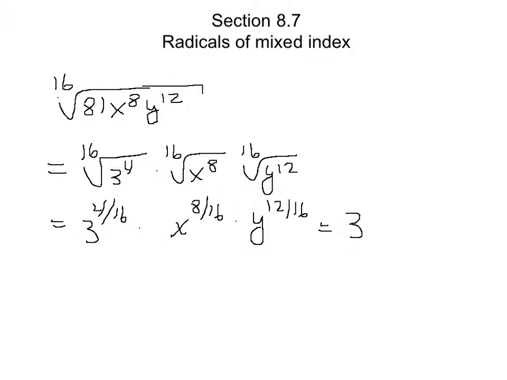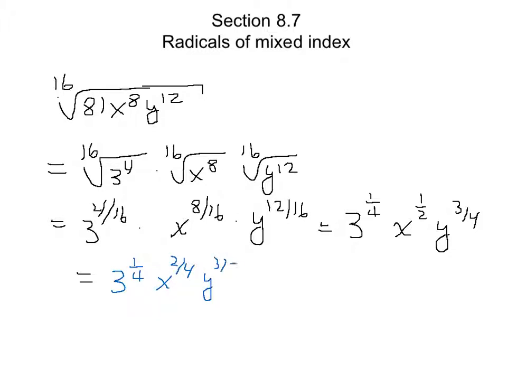This is 3 to the 1/4, x to the 1/2, and y to the 3/4. Now I want to write them all with the same index. So that would be, changing colors here to make it stand out, 3 to the 1/4 times x to the 2/4 times y to the 3/4.